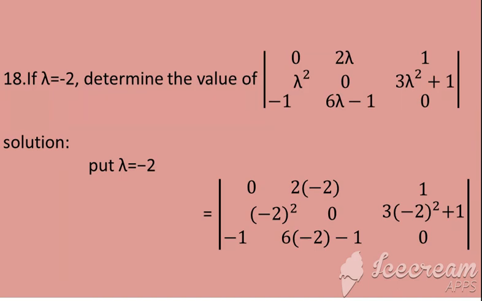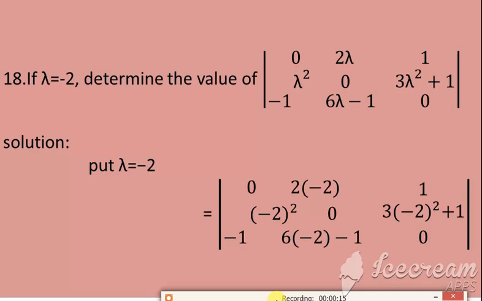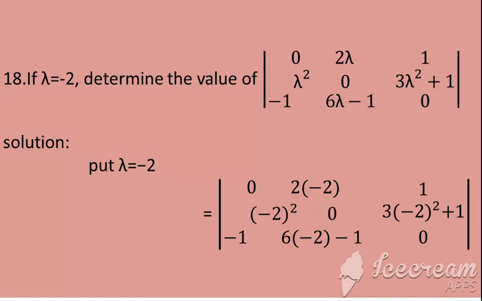The next problem is, if lambda equal to -2, determine the value of the determinant 0, 2 lambda, 1; lambda square, 0, 3 lambda square plus 1; -1, 6 lambda minus 1, 0. Now I am going to put lambda equal to -2 in this determinant.